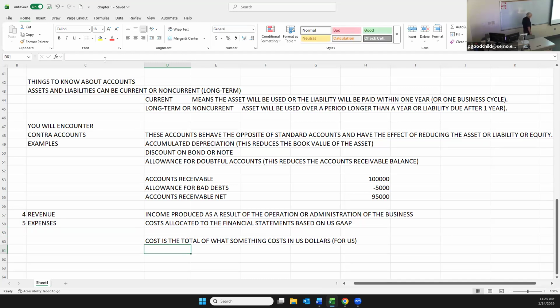So it's kind of dumb, but it is the total of what something costs in US dollars. But expense is different.